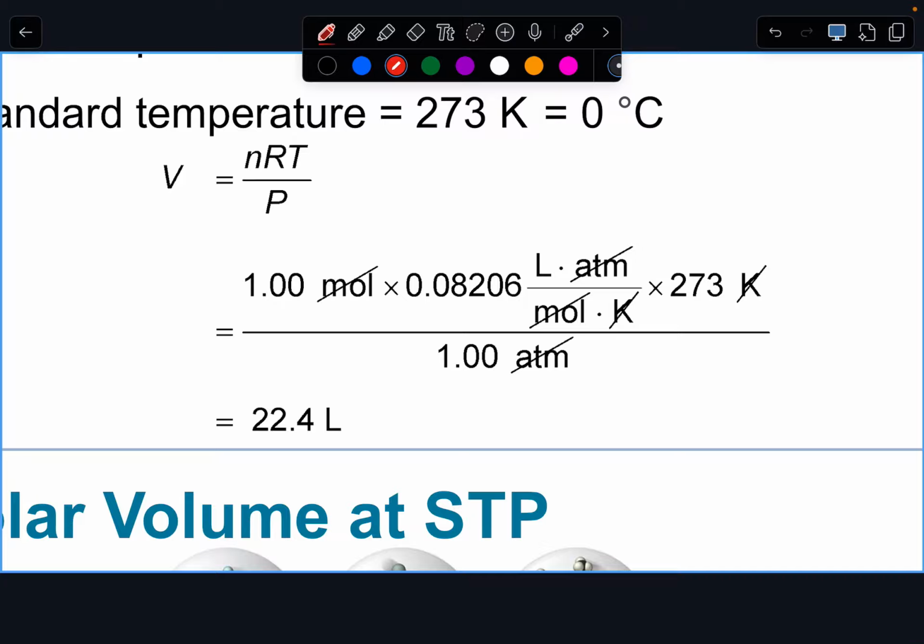So 1 atmosphere is atmospheric pressure. 273 is colder than where we're at right now. And 1 mole of gas, so think of water, 1 mole of water. Let's see, I did this in my head the other day. It's slightly more than a tablespoon of water, okay? 18 grams, which is about 18 mils.